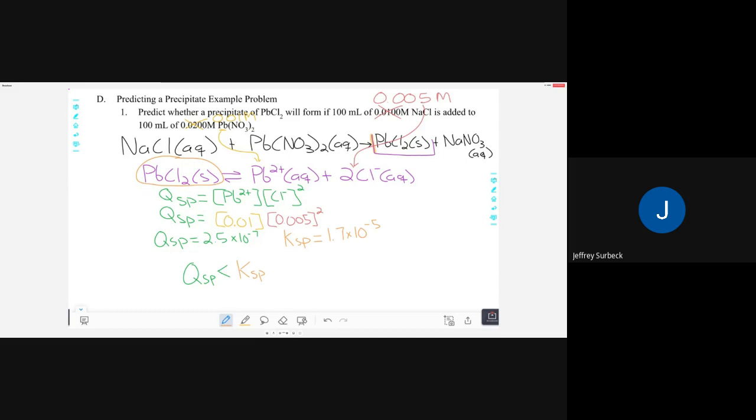What that means is that no precipitate forms. So the answer would be no then? The answer would be yeah, no precipitate forms. Meaning we would have to add more and more of our stuff to get a solid to form. That's that big factor that we play in here. Questions?